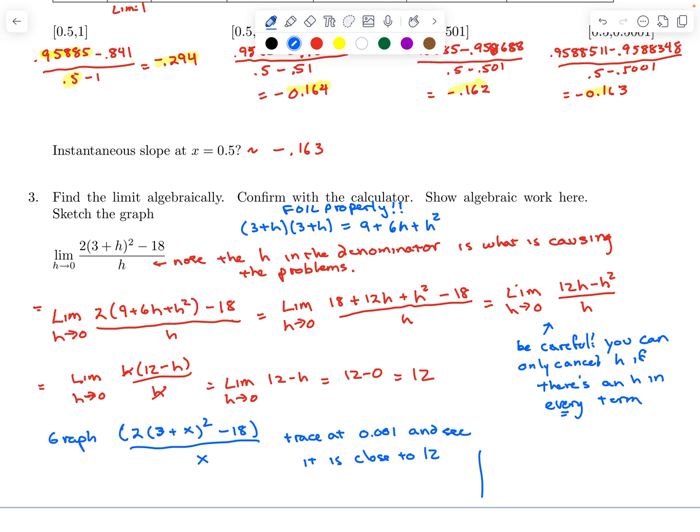So if you graph the function, it'll look like this. You won't see the top unless you make the y. Okay, there you go.